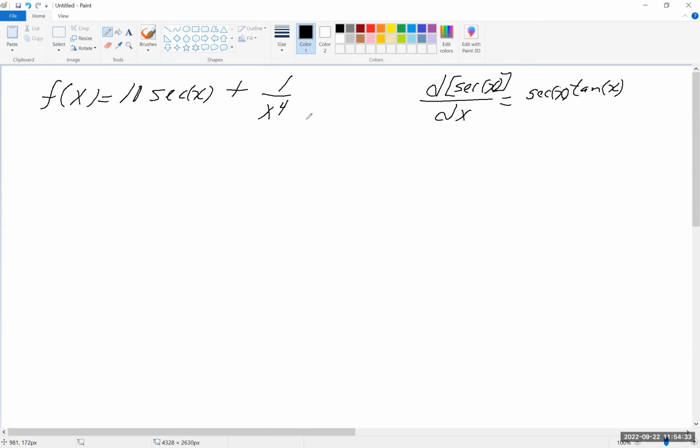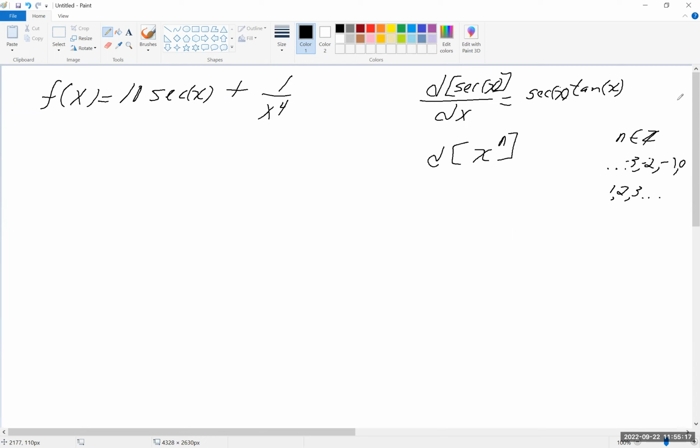And really, that said, the only other thing we need to know, and I guess it's worth listing over here, is the derivative of x to the n, where n is any integer. So it goes from -3, -2, -1, 0, 1, 2, 3, and on, right?